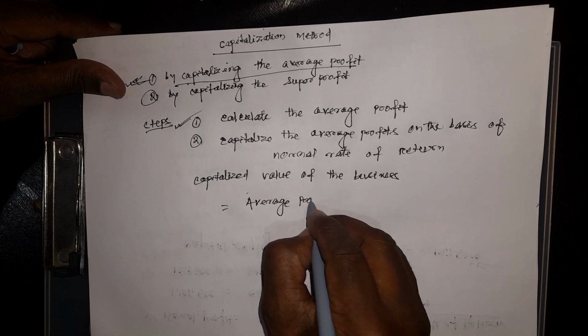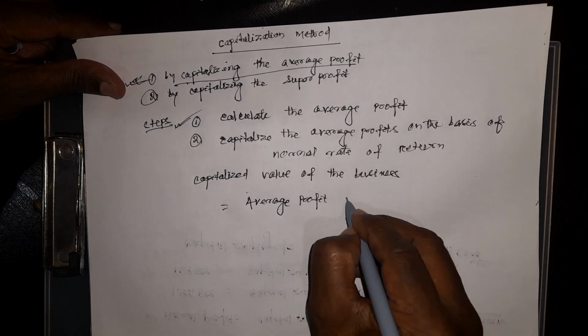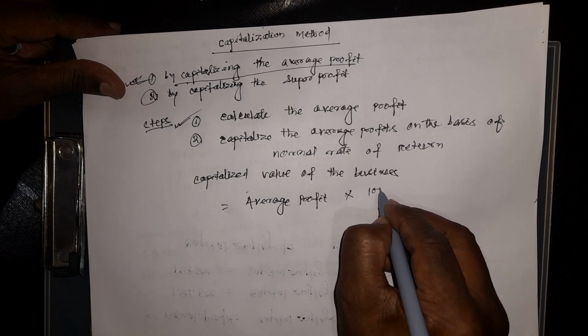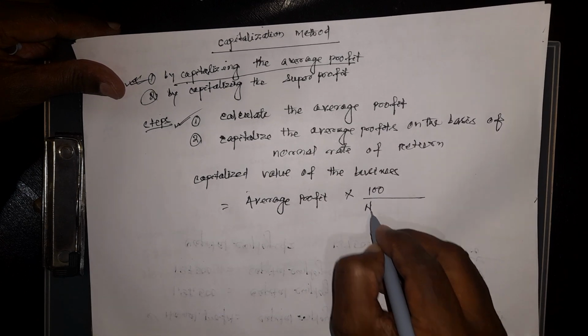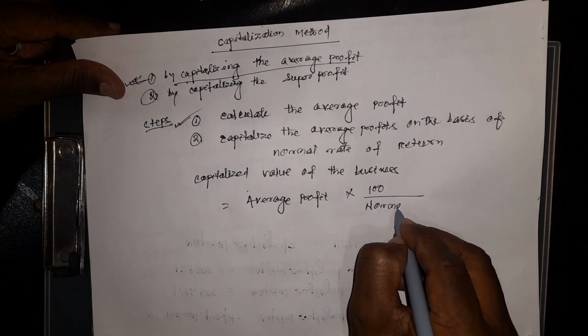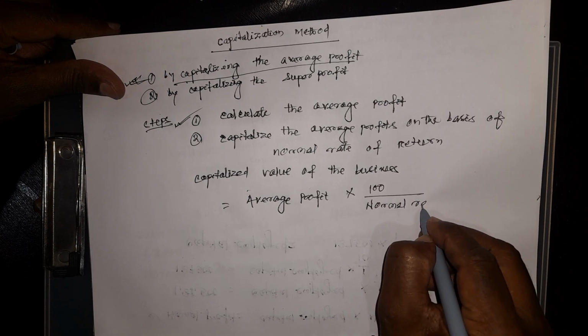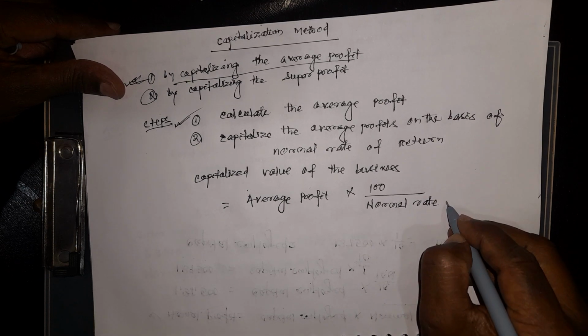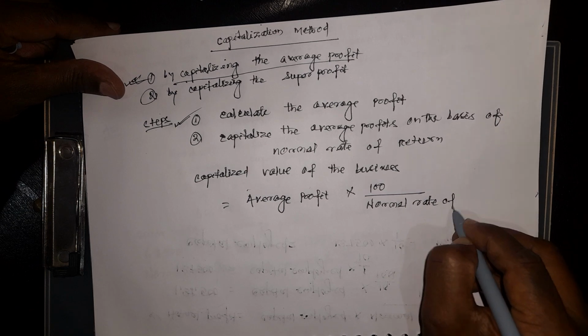Clear? In the first step you calculate the average profit, and on that basis you calculate the capitalized value of the business. Capitalized value of the business equals average profit into 100 by normal rate of return, which is given in the question.